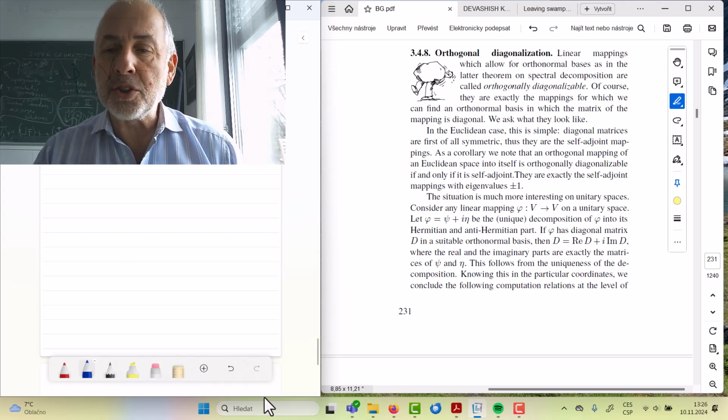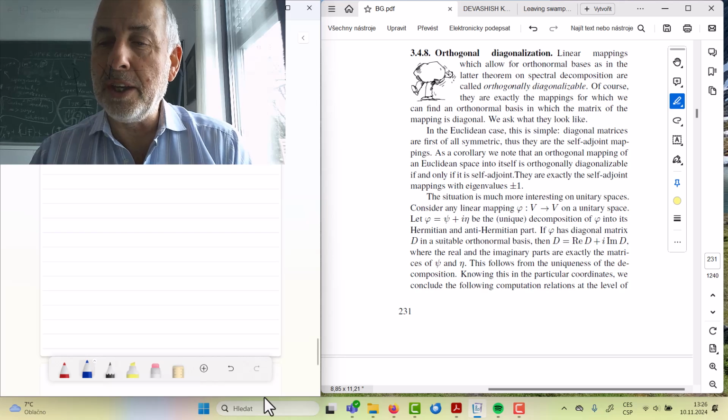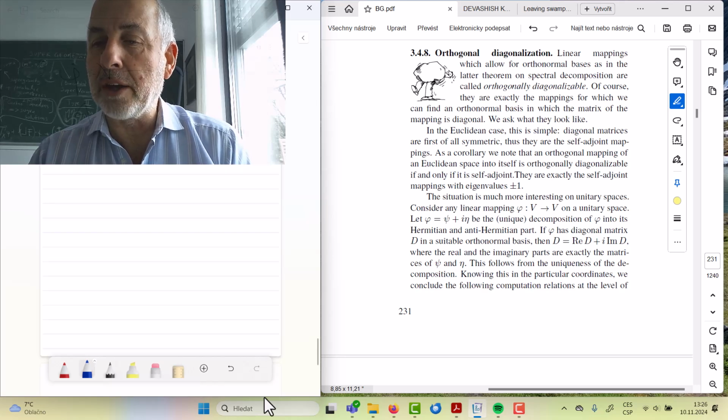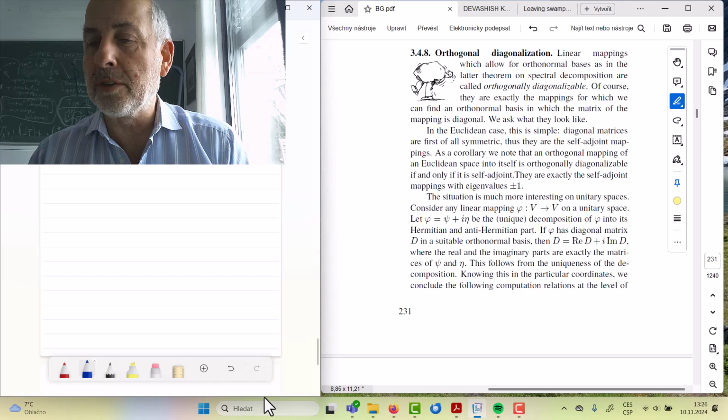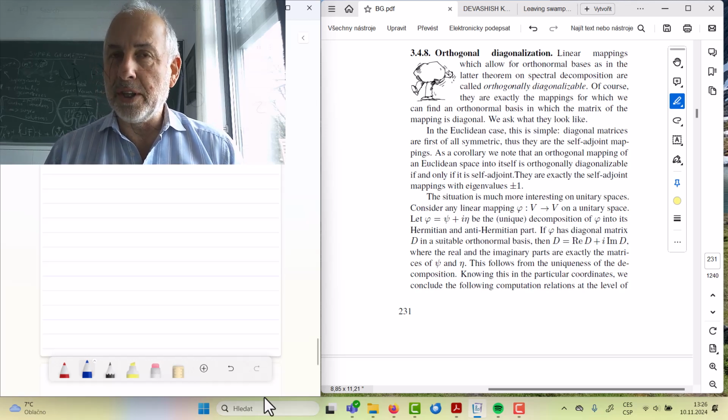And the question is whether there is an orthonormal basis in which A, the matrix, would be diagonal. And of course, if it's diagonal, then there is exactly the eigenvalues completed by zeros. And that's a question, under which conditions we can find an orthonormal basis.